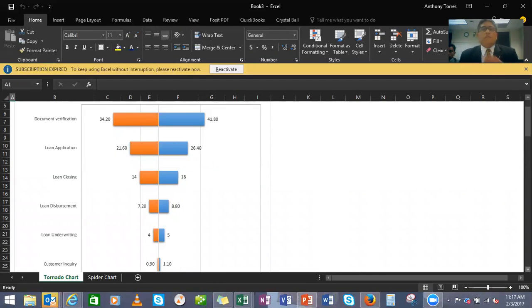Again, I always just think in pictures and graphs and things. So here's a number line, and so that document verification. Document verification had a baseline value of 38, right?